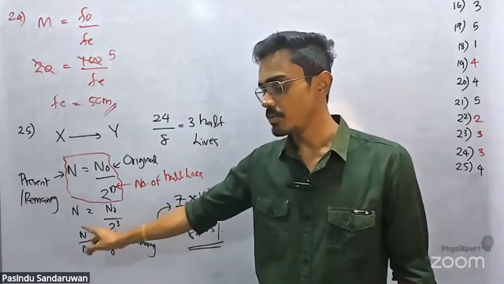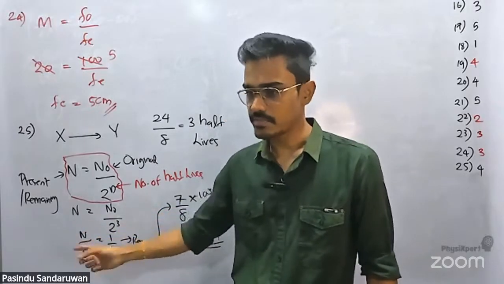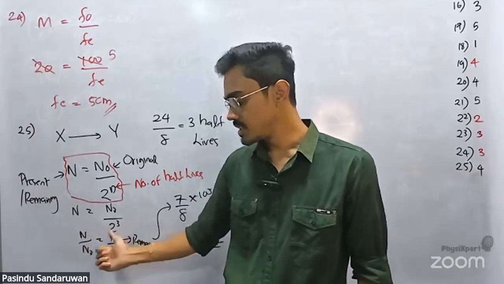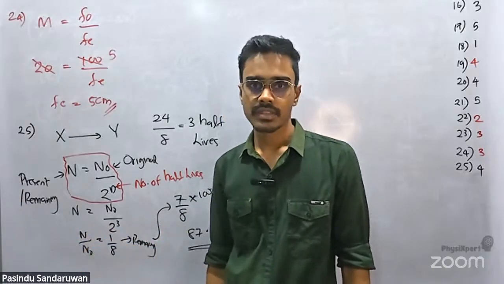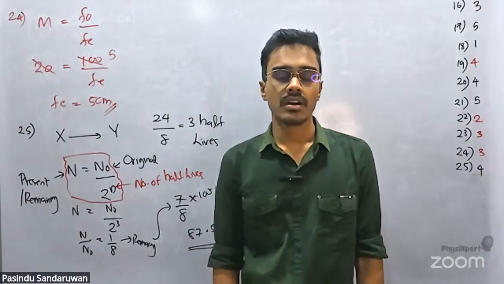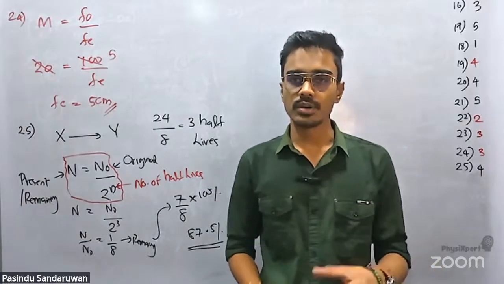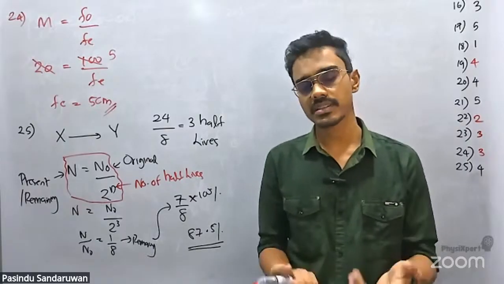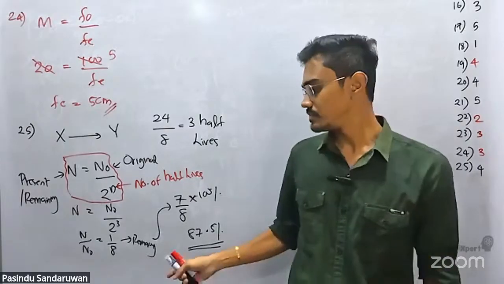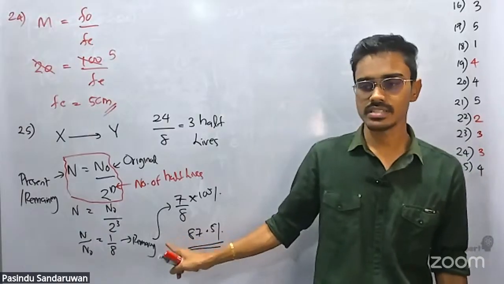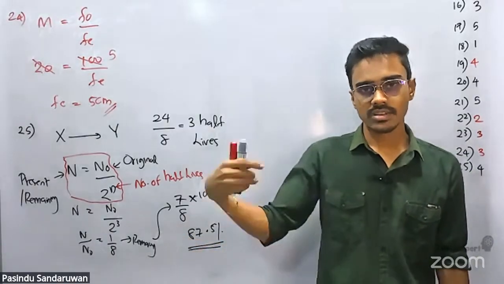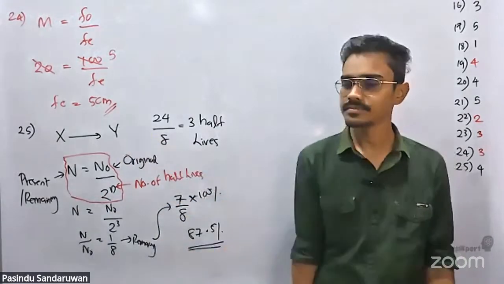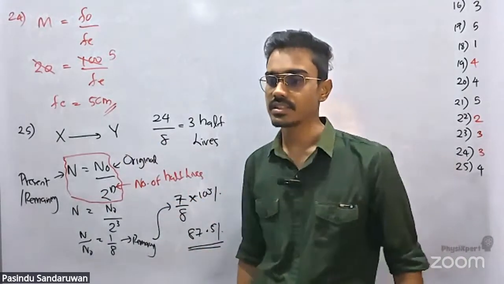N over N0 is the fraction between the original and remaining number of nuclei. That is 1 over 8, which means only 1/8 of the original sample is remaining, so 7 over 8 is already converted to Y.